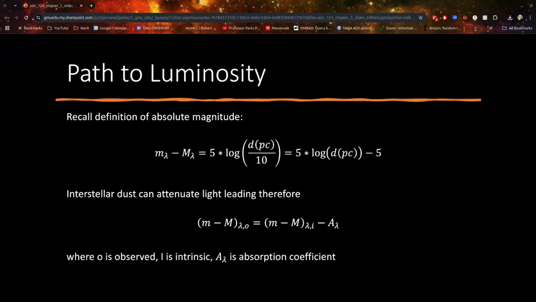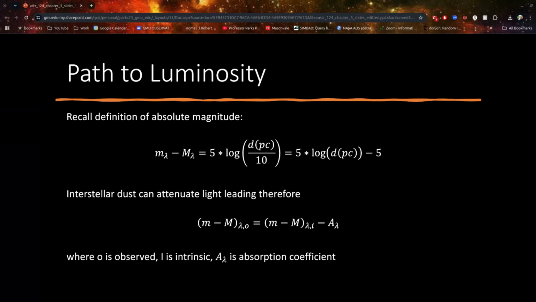So what if I wanted to get to luminosity based on the brightnesses of things? There is a way to do it photometrically. We want to change the counts that we measure at the telescope to an intrinsic value of luminosity. If you go back to that definition of the absolute magnitude, you can get to something known as the distance equation.